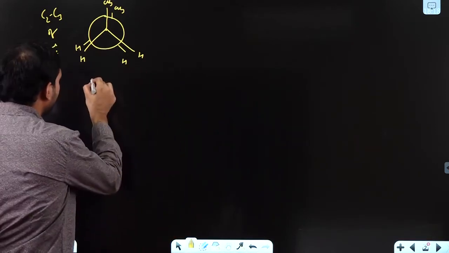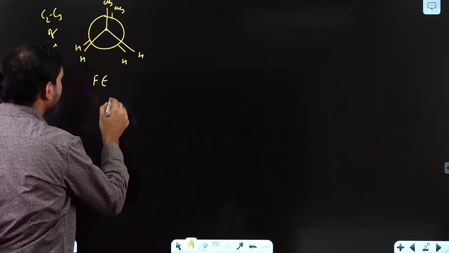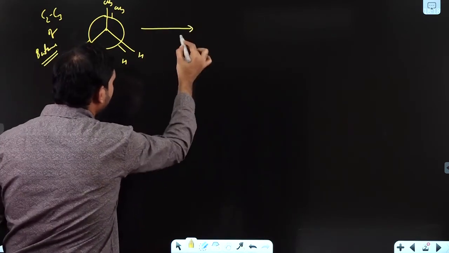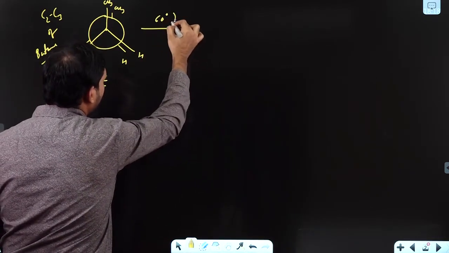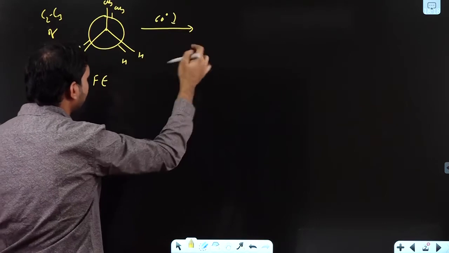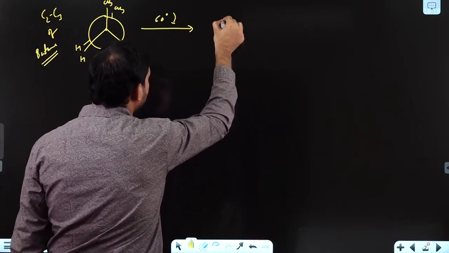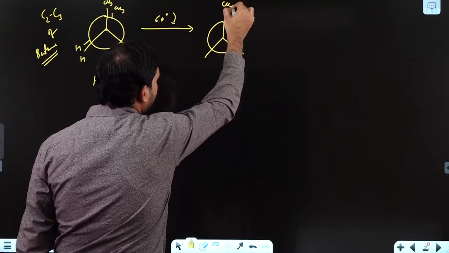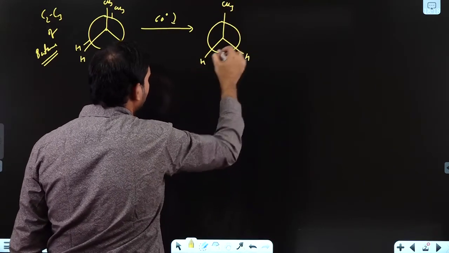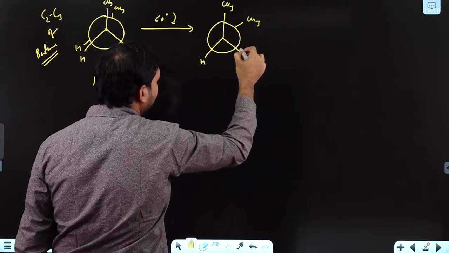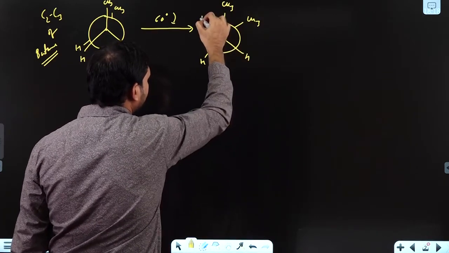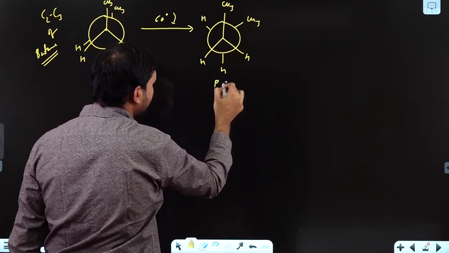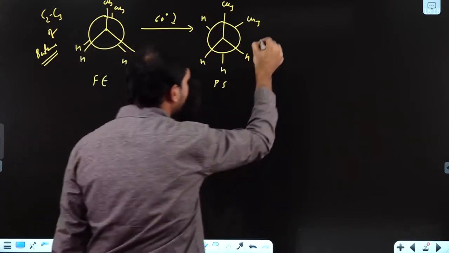Now this is your fully eclipsed form. Rotate it by 60 degrees clockwise. I'll be rotating clockwise only. So what you will get, keeping the front carbon as it is, you will get this form. This is your partially staggered or gauche form.